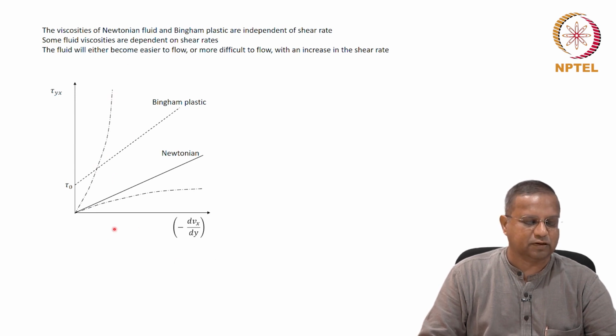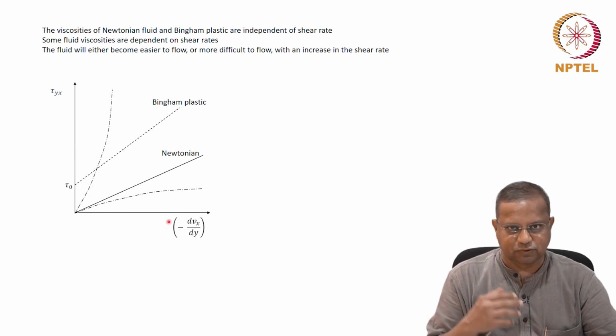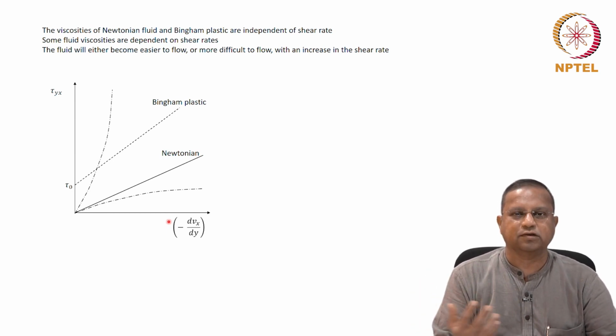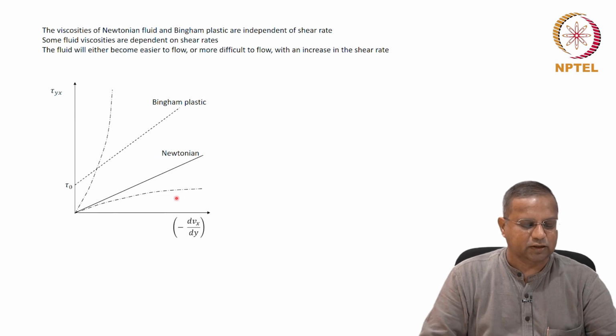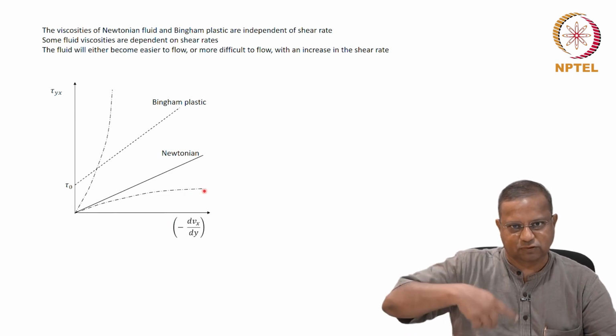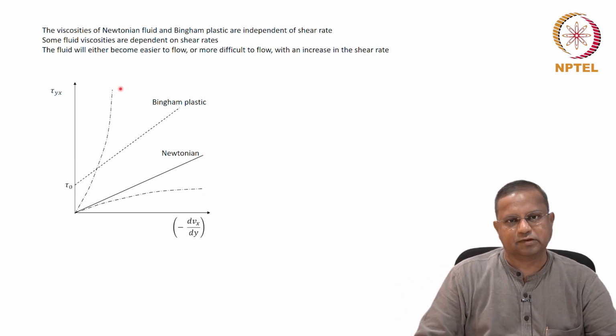Or the slope increases with shear rate, and it becomes harder to move around or to even stir the fluid. An example of this is your paint. You stir it faster, it becomes easier to stir. An example of this is quicksand.